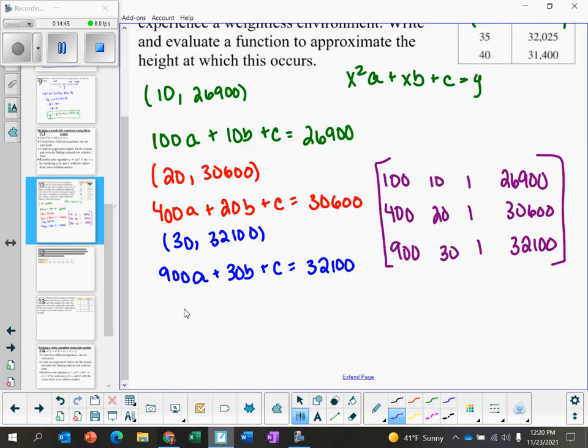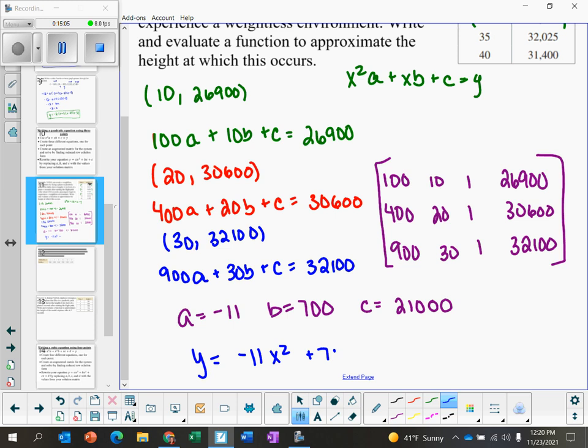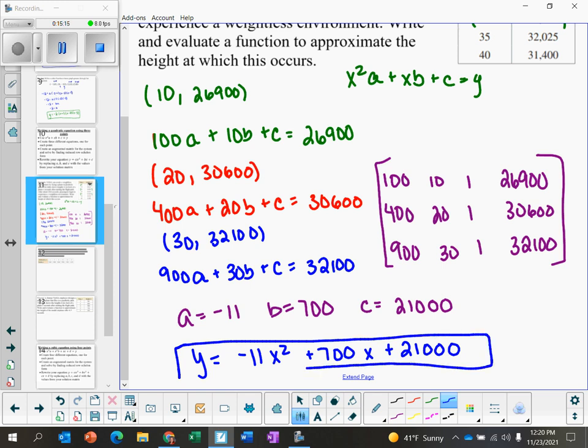So we just found out that A was -11, B was 700, and C was 21,000, which means my answer is going to be y equals negative 11x squared plus 700x plus 21,000. Right, we plug it right back into the quadratic form with A, B, and C.